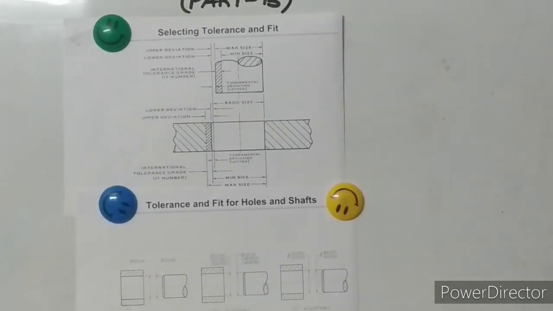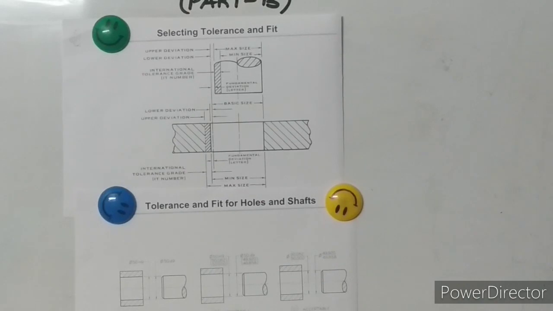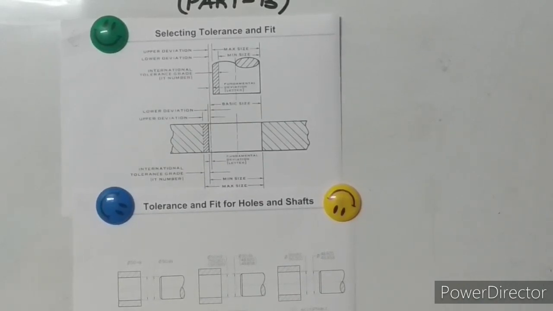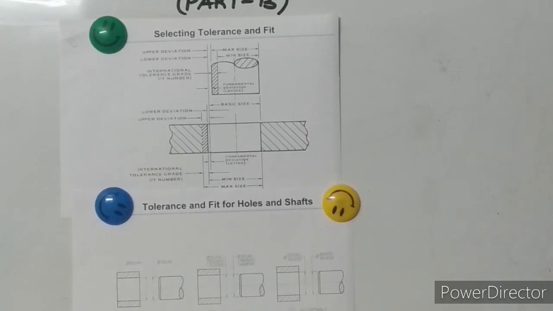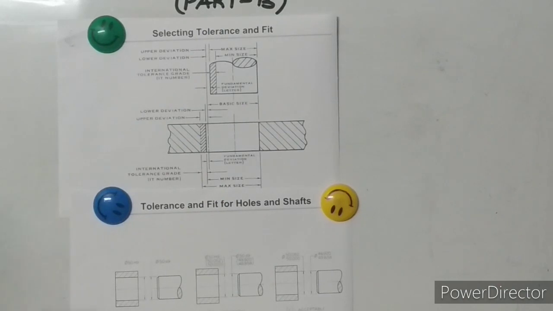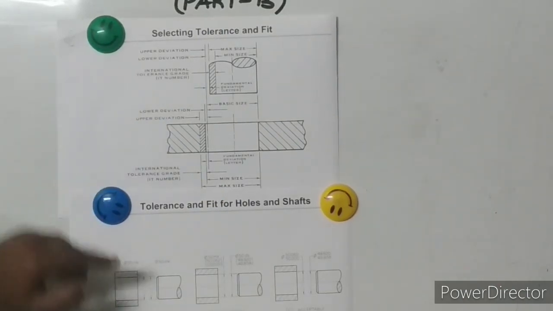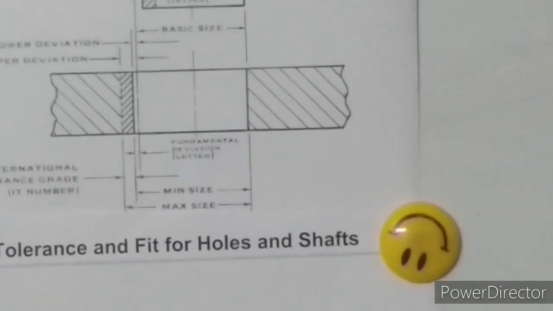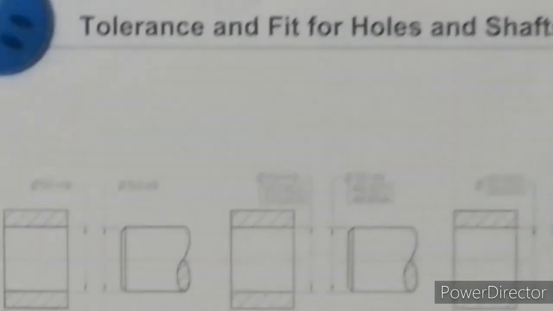Now let us see what is meant by limits, fits and tolerances. The limits are the extreme permissible sizes of a part between which the actual size is contained. That means the basic size is 50 and the extreme permissible size is 50.062. So 50 to 50.062, that range is called the limits.